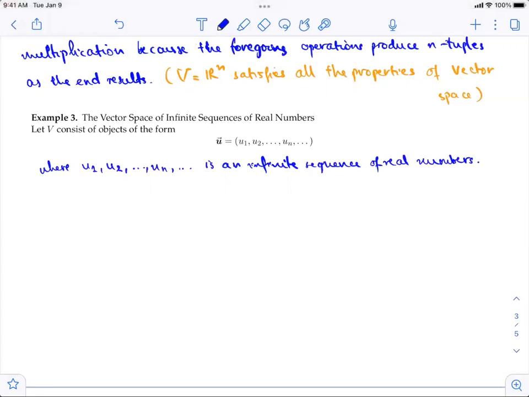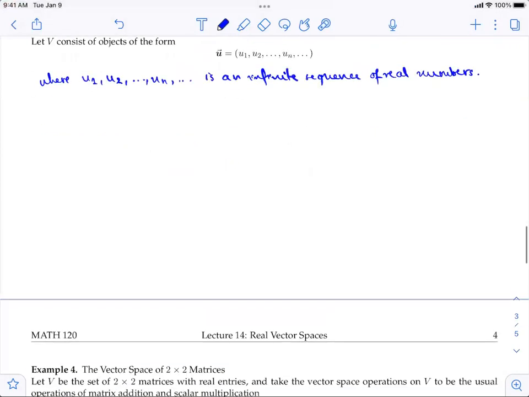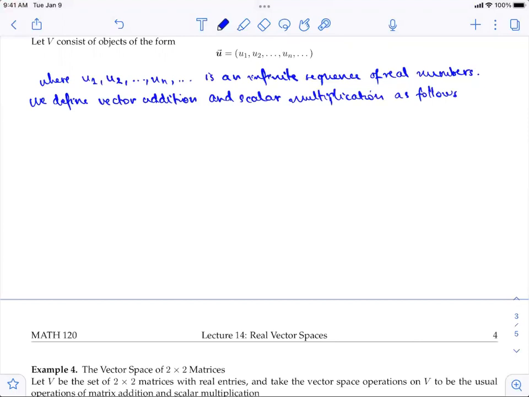All right. Similar to the last two examples, we're going to define vector addition and scalar multiplication as follows. You have two vectors u and v. These two vectors consist of infinite sequences of real numbers.